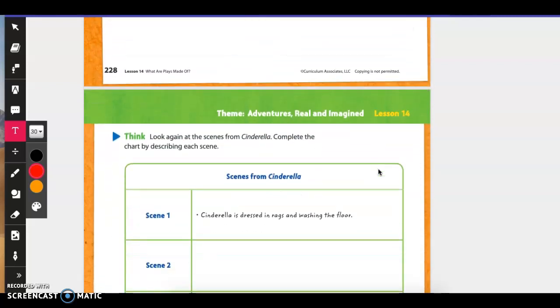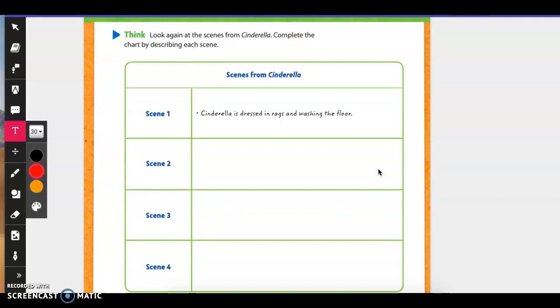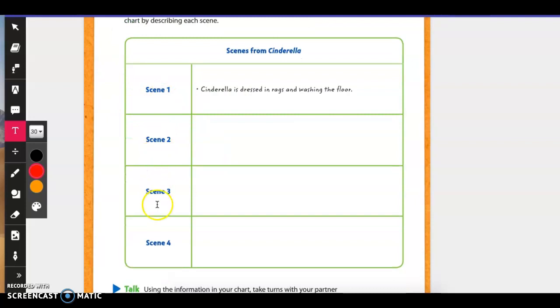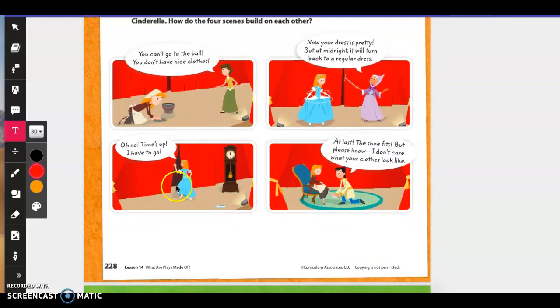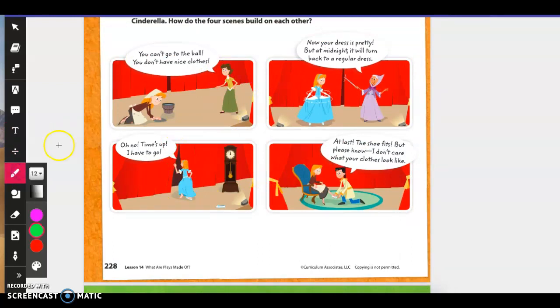So if we move on down to the think portion of this activity, it gives us a chart and it shows 4 scenes, just as we had 4 scenes up here. Now, this is scene 1, this is scene 2, this is scene 3, and this is scene 4.